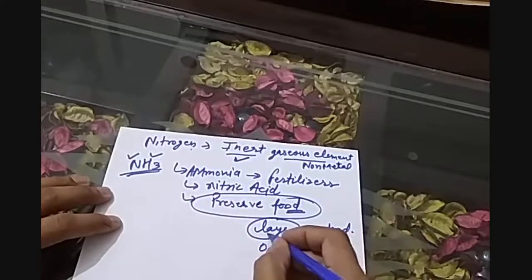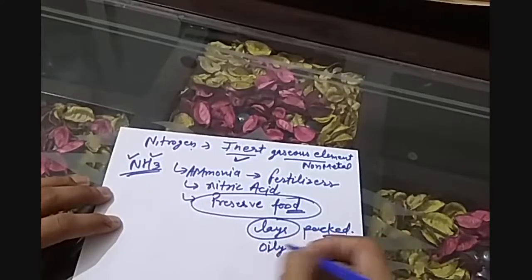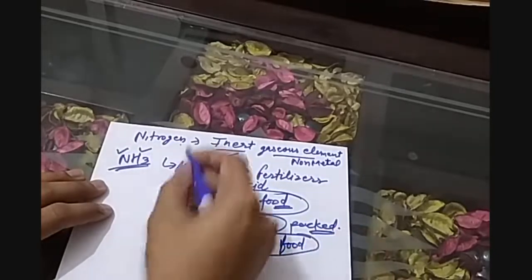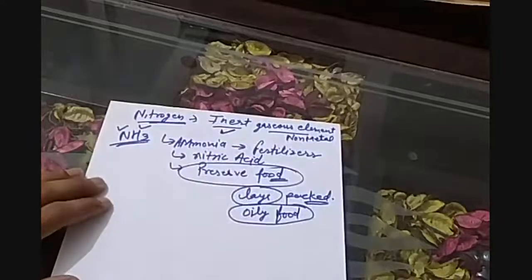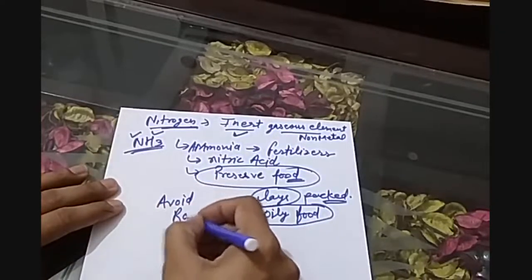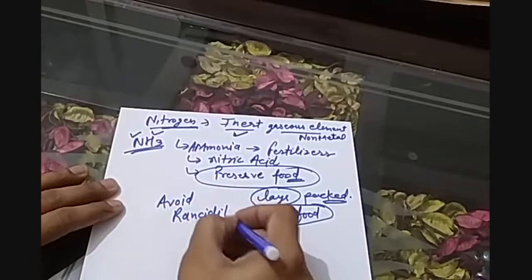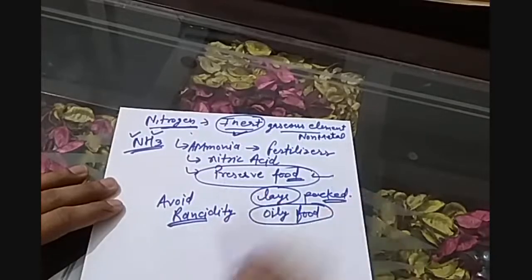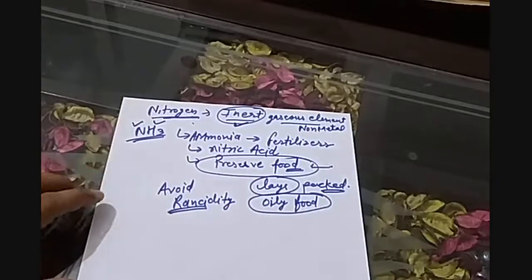Not only Lay's, all oily food items are packed with the help of nitrogen gas to avoid rancidity. We have studied this. So nitrogen, due to its inertness, is used to preserve food and avoid rancidity.